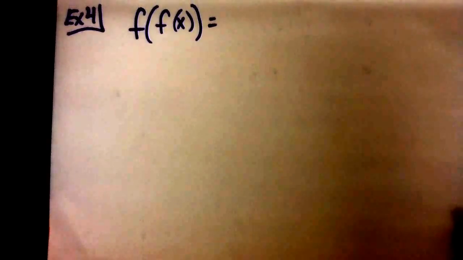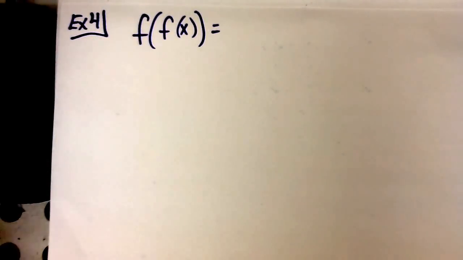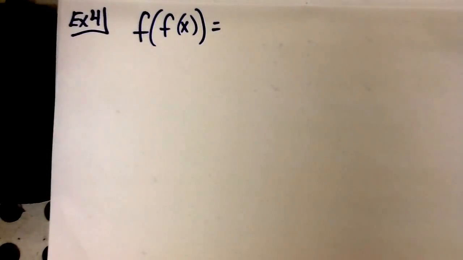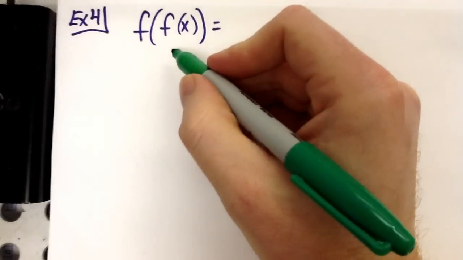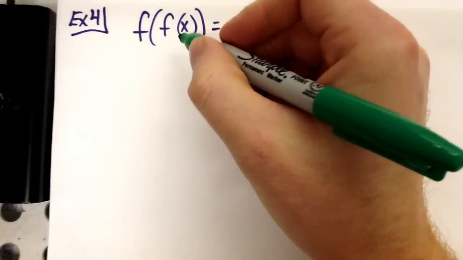All right, these will get a little more difficult when we start getting away from numbers and just actually composing pure functions. So let's do one where we don't have a number to plug in for x. We just have an x to find. Earlier on I told you f of x is x plus 2. For this one, there's no number to plug in, so there's really nothing to do down below.